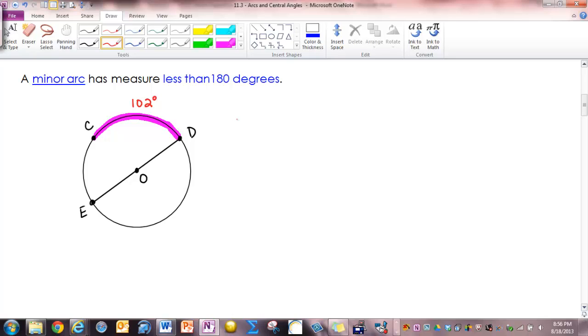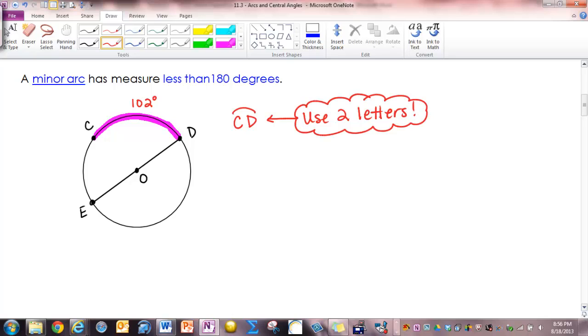Now this minor arc has endpoints C and D. Now minor arcs, we're only going to use two letters to describe. So this minor arc is called arc CD.